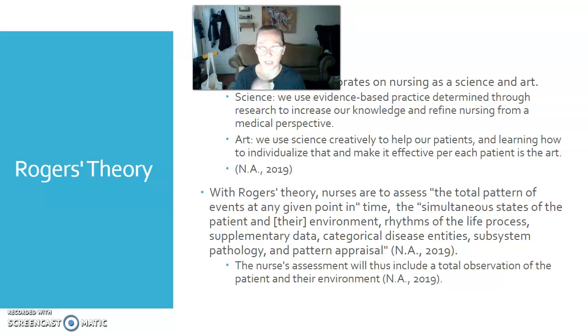With Rogers' theory, we are able to assess the total pattern of events at any given point in time, and the simultaneous states of the patient and their environment, rhythms of the life process, supplementary data, categorical disease entities, subsystem pathology, and pattern appraisal all come together to help us develop proper, individualized care for each patient.